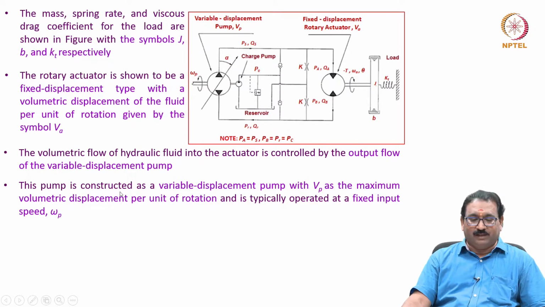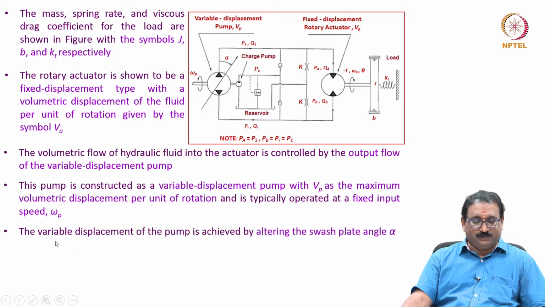This pump is constructed as a variable displacement pump with VP as the maximum volumetric displacement per unit rotation, and is typically operated at a fixed input speed omega p. The variable displacement of the pump is achieved by altering the swash plate angle alpha.